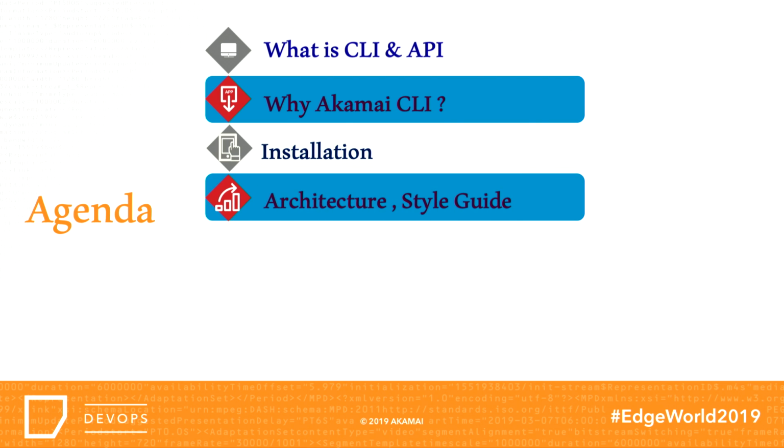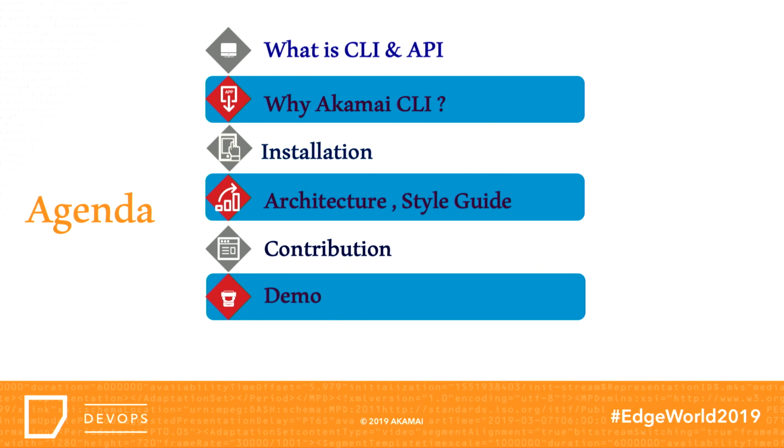Let's say you are trying to develop a module which is not already there in the Akamai CLI: what is the architecture and the style guide that you should be considering when you try to develop a module for Akamai CLI? And then, all right, I have built a module, and how would you contribute that to the existing Akamai CLI? Then I have a small mini hack that I developed for Scott, and how Prasad and I put it together in developing a small module. And then I leave the stage for questions.